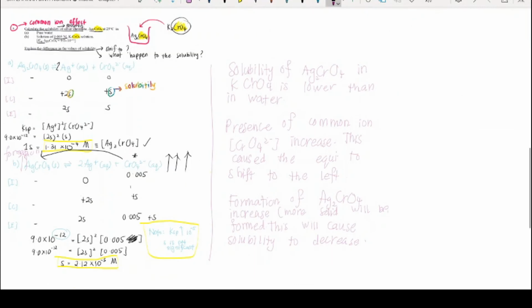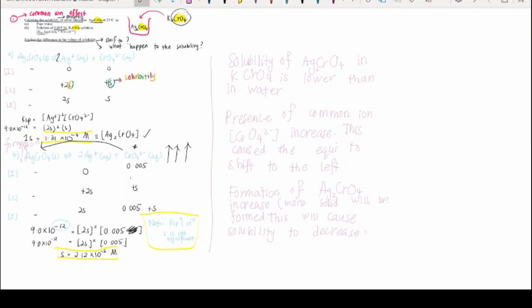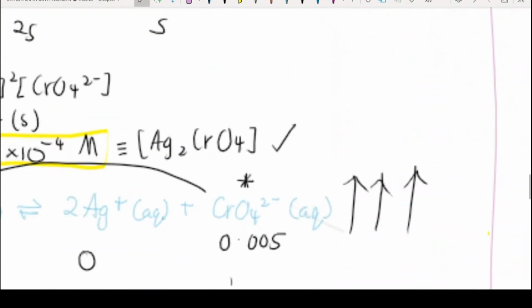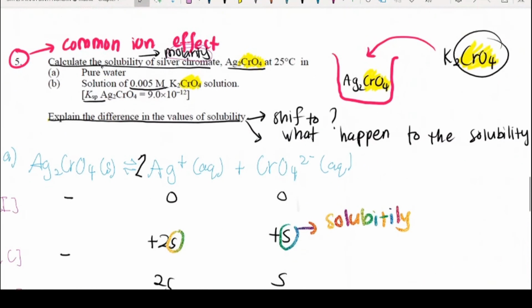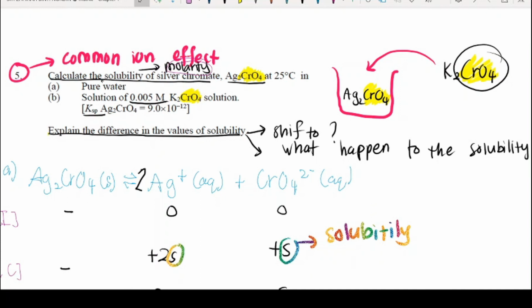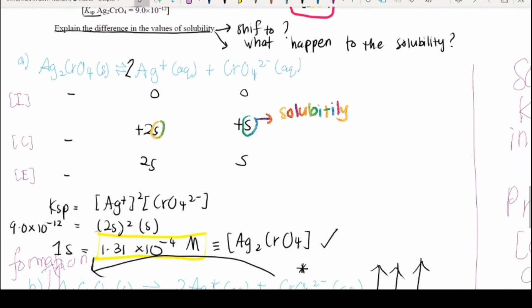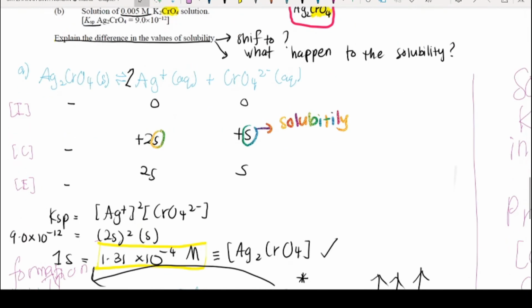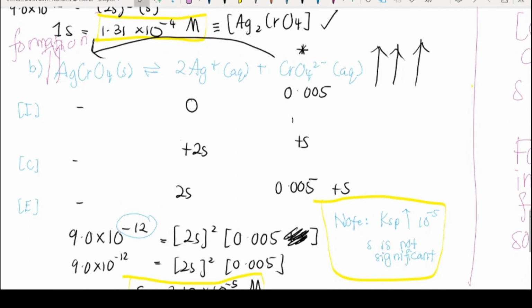Okay, so to summarize, you need to identify whether your question involves common ion effect by looking at whether you have the same ion involved. Okay, so for common ion effect, you need to write your ICE table for molarity for both in pure water and for common ion.